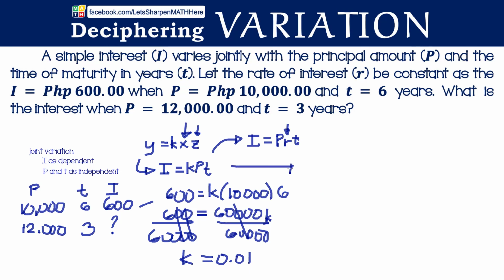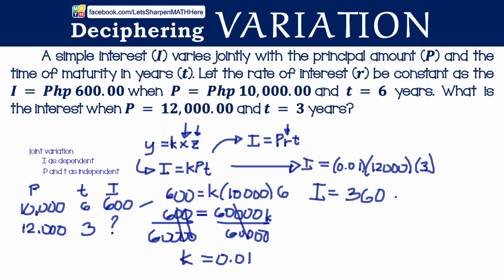So using the same formula, I is equal to the product of your rate, or your k, 0.01, times your new principal amount, that's 12,000, times 3 years given here. So the interest is just the product of all of this. You have 36, then we remove 2 zeros because we will be moving the decimal places. So you will have 360.